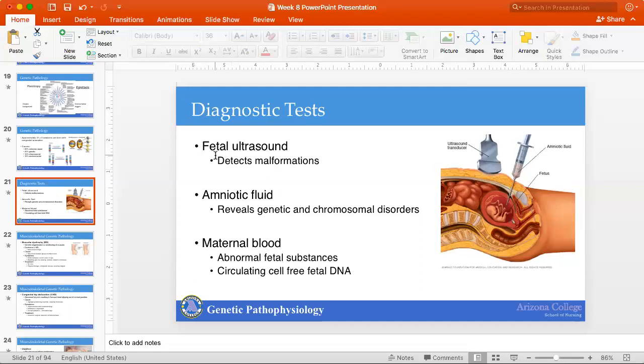Some of the diagnostic tests they can use are fetal ultrasound, which detects malformations; amniotic fluid, which reveals genetic and chromosomal information; and maternal blood, which can show abnormal fetal substances, like circulating cell-free fetal DNA.